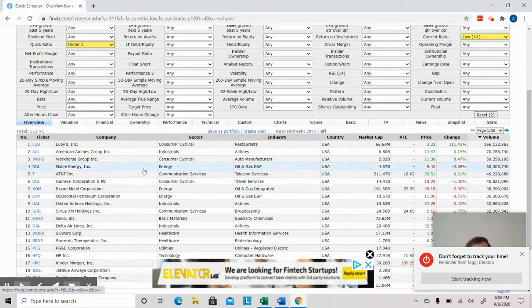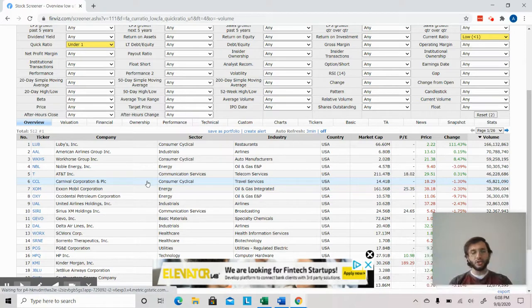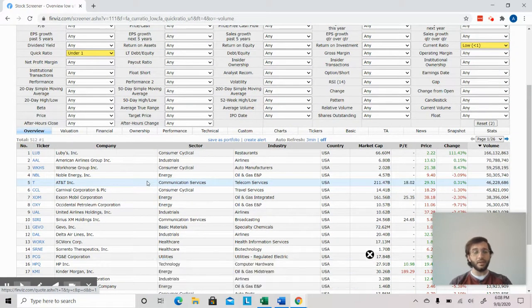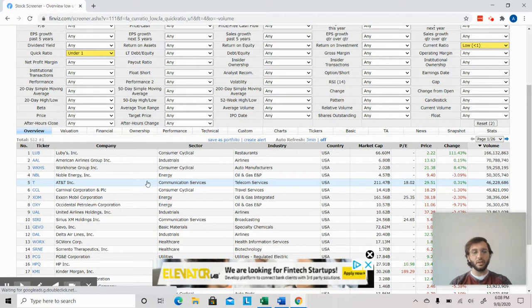These companies, especially airlines, oil, as well as cruise lines, have been struggling and haven't had an influx of cash coming in because people aren't booking cruises, people aren't booking as many flights, so their cash is a little bit short.